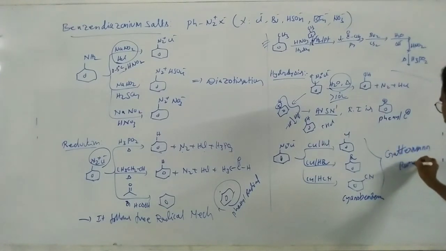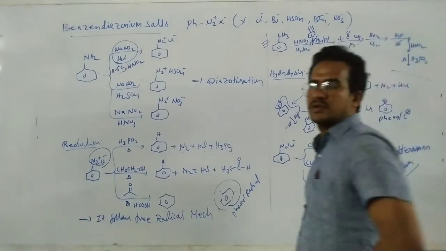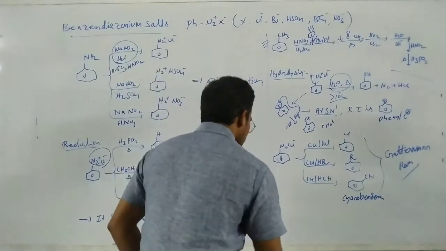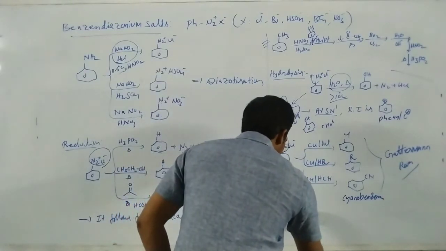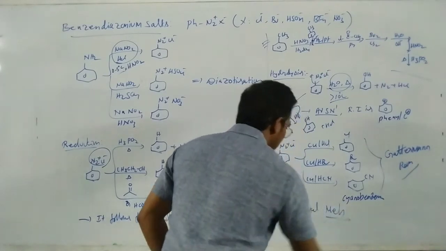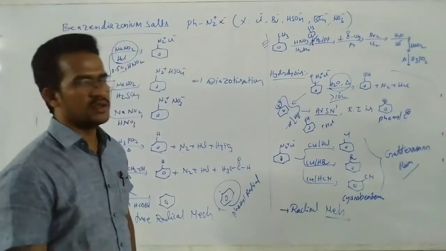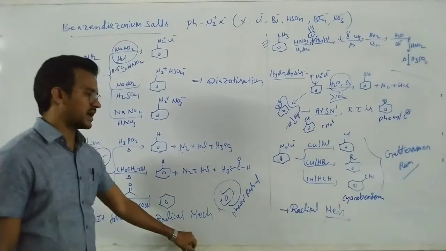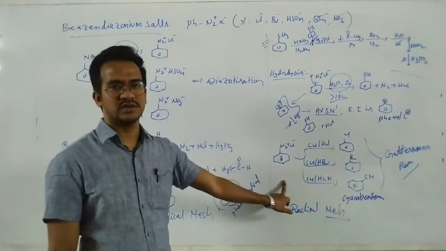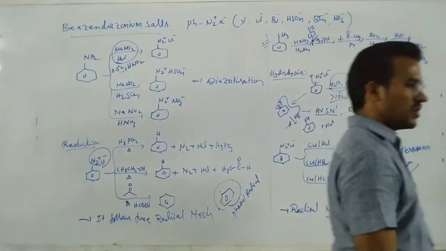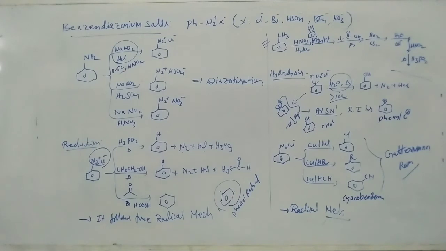Very, very important for IPA. Now in this case, radical is involved. This reaction involves a radical mechanism. The earlier reaction was carbocation, that reaction was radical, and this reaction also involves radical. Okay, Sandmeyer reaction, so write down.